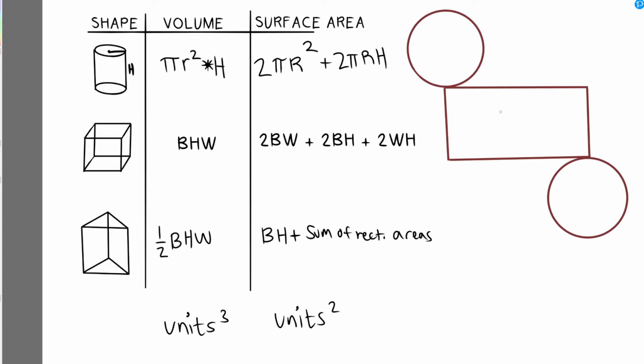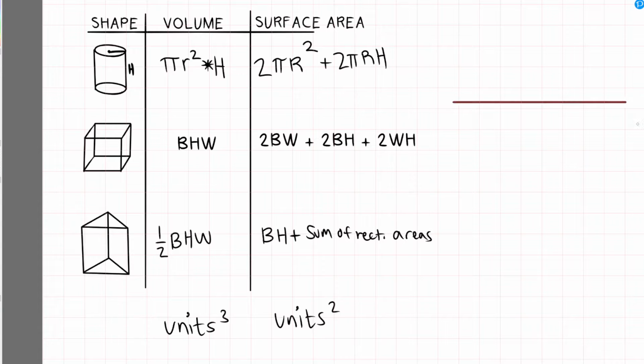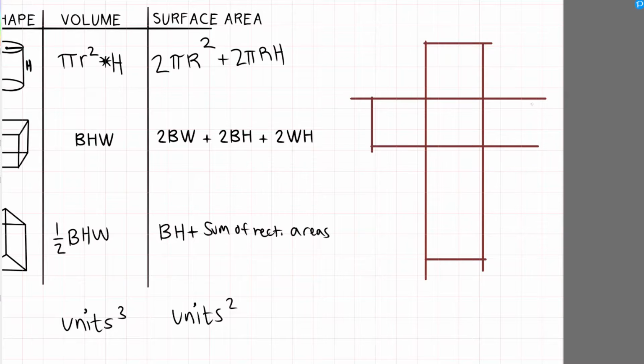So yeah, if you unwrap a rectangular prism, you basically get something like this, except the sides would be a little more accurate.